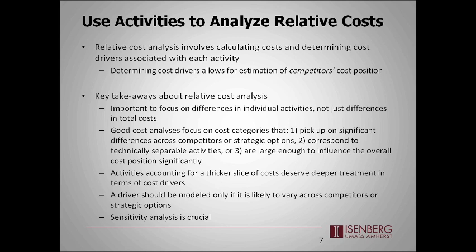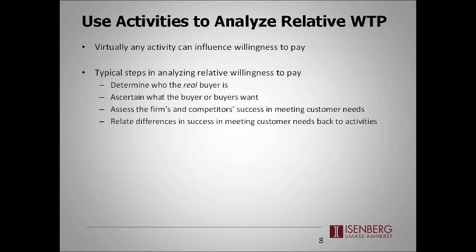For activities that have a bigger impact on costs, spend more time drilling down on cost drivers. And only model a cost driver if it varies across competitors or across strategic options. And model the effects of a variation in assumptions. When you analyze relative willingness to pay, keep in mind that almost any activity can influence willingness to pay.